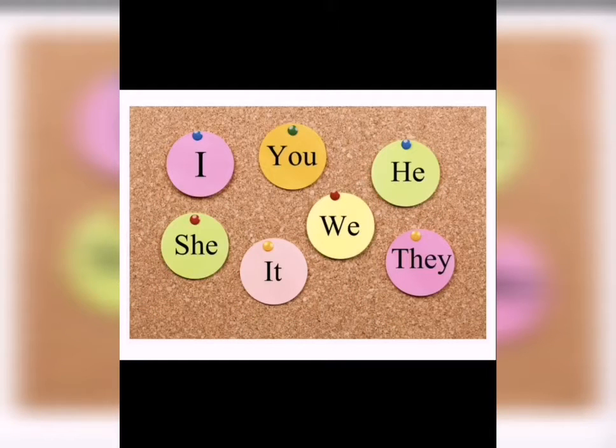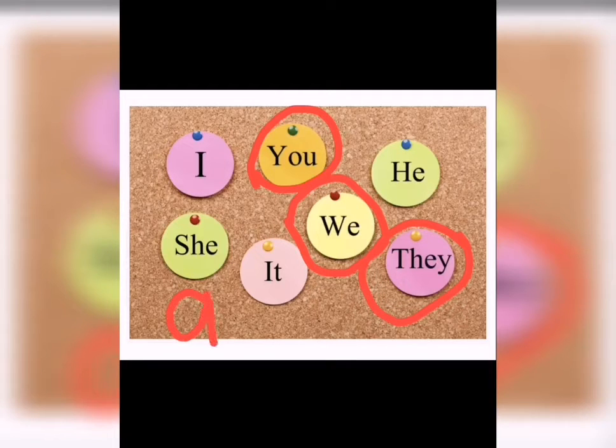Here we have I. For I, we will use am. So, we say I am. We do not say I is. It is wrong. For I, it's always am. Now, for you, we, they, we will be using are.